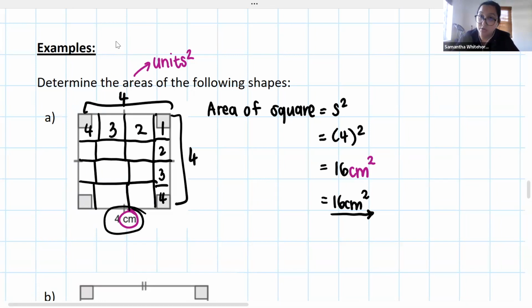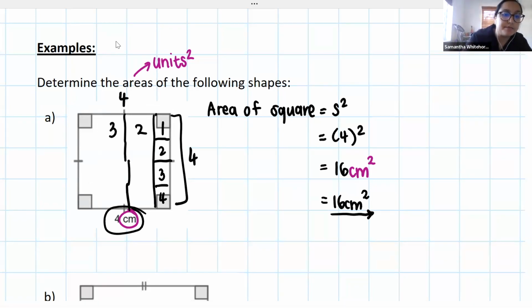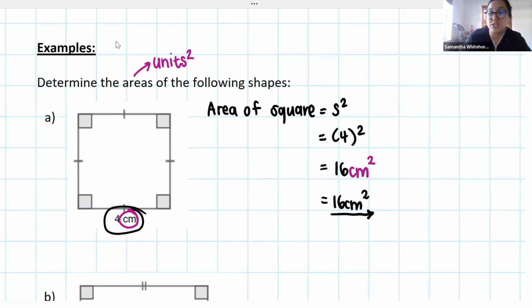My blocks are atrocious. Apparently I can't draw blocks tonight, but that is essentially what an area is. It's telling us how many of these little unit square blocks fill up my shape. Okay, now you don't need to stress too much about the specifics of it, but that's essentially what area is.